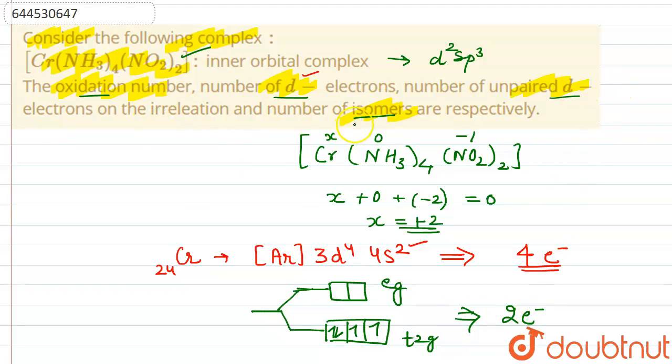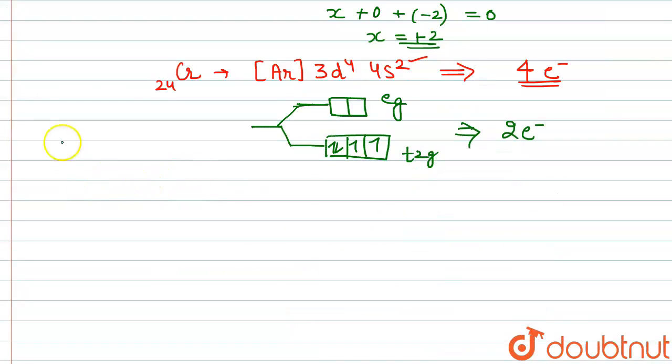Okay, so now moving on to the last, that is number of isomers. To find out the number of isomers, we will draw the isomer structures. For that, the first we have is simply with respect to this NO2, that is cis and trans structure, so that we will draw like this.